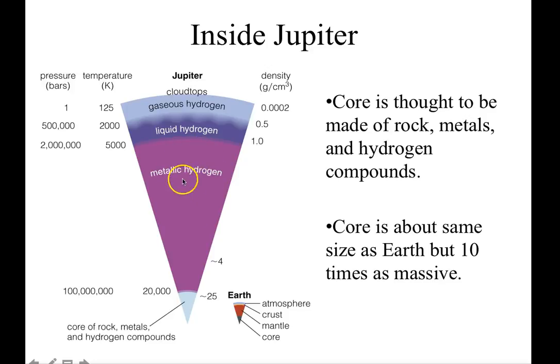Because of this metallic structure, the electrons are free to move around, thereby giving us the source of a really strong magnetic field. All right, and then further out we have liquid hydrogen, and then gaseous hydrogen, and then the cloud tops, which we see most frequently.